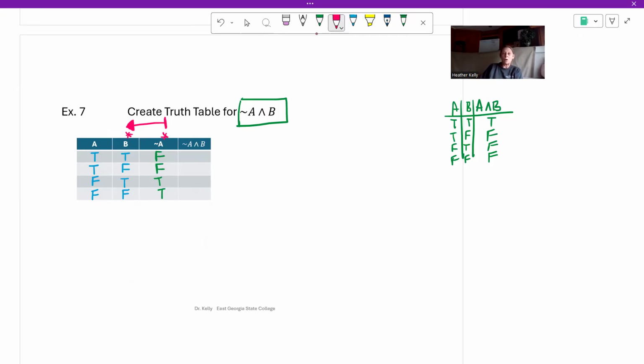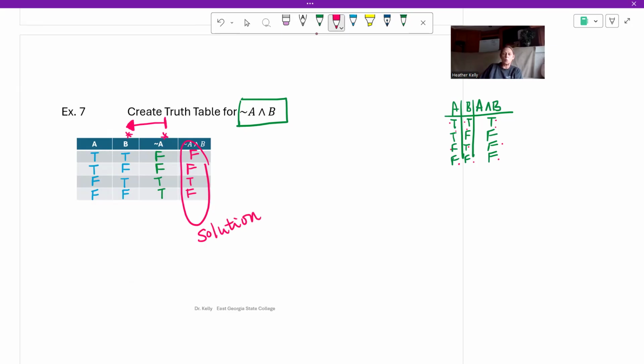So we have false and true. False and true is false. False and false is false. True and true is true. True and false is false. Again, this is the solution.